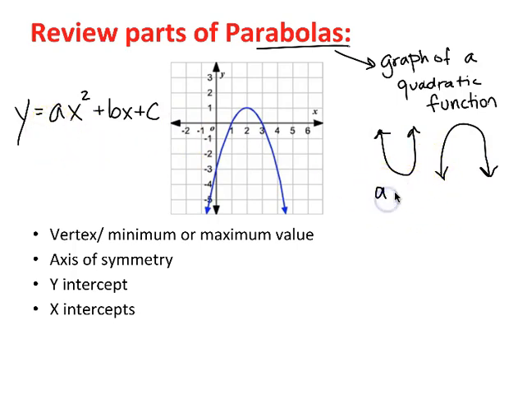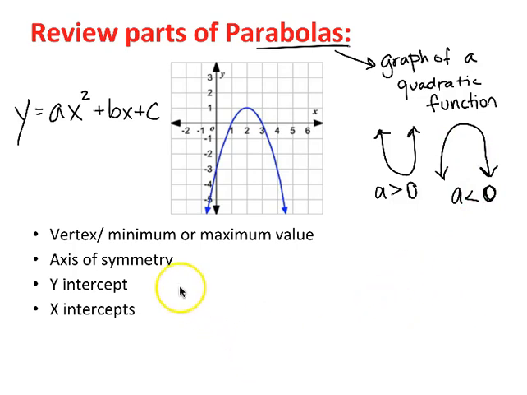So if a is greater than 0, if it's a positive number, it's going to open up, and if it's less than 0, if it's a negative number, it's going to open down. Let me change that. I meant to say 0 there, I didn't mean to say 1.